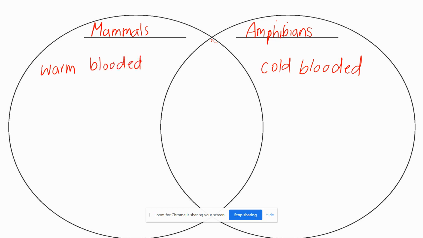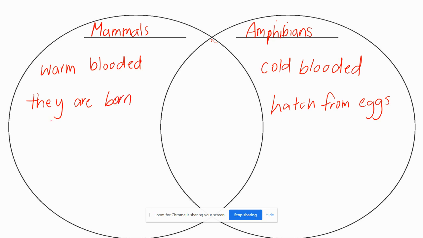Something else I know about these animals is that amphibians, when they're born, hatch from eggs. So they're in the eggs and then the egg needs to hatch. But mammals are born alive. Just like us, when we're born, we're not in eggs. We are born and we are alive straight away. Born alive.